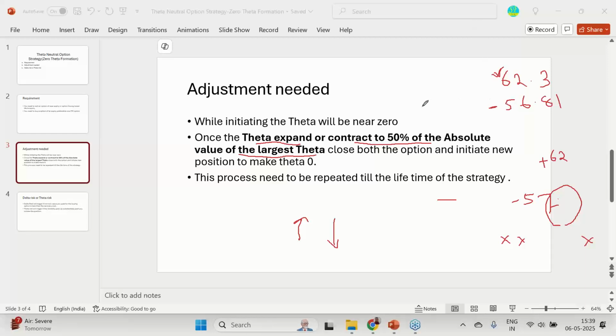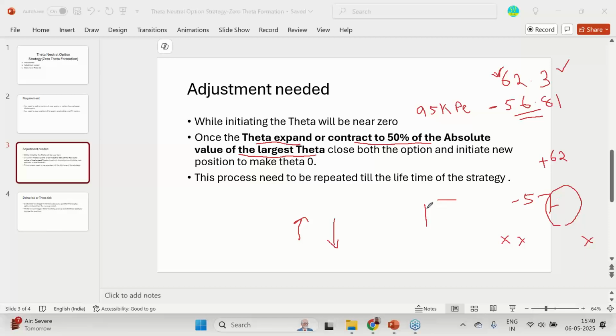Because the 95k put option you have bought for the future will become deep in the money and the theta component will be more. This 56 will go to 66, 76, 86 this way. It will go on increasing and this will reduce. So the negative value will increase, the positive value will reduce, so that theta will go to the negative side.